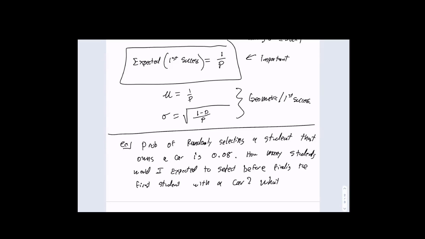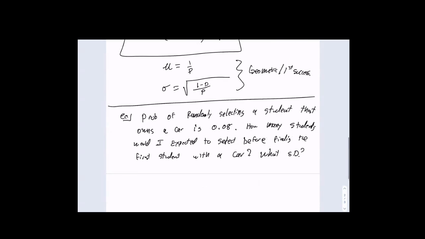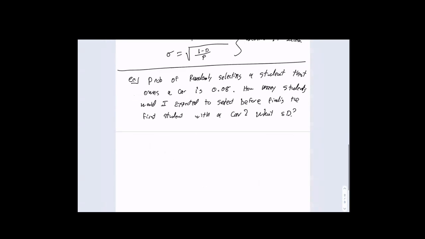What standard deviation? So it sounds like a hard problem, but it's actually very simple, especially with the mean. To find the expected value of first success, it's simply the formula 1 over p.